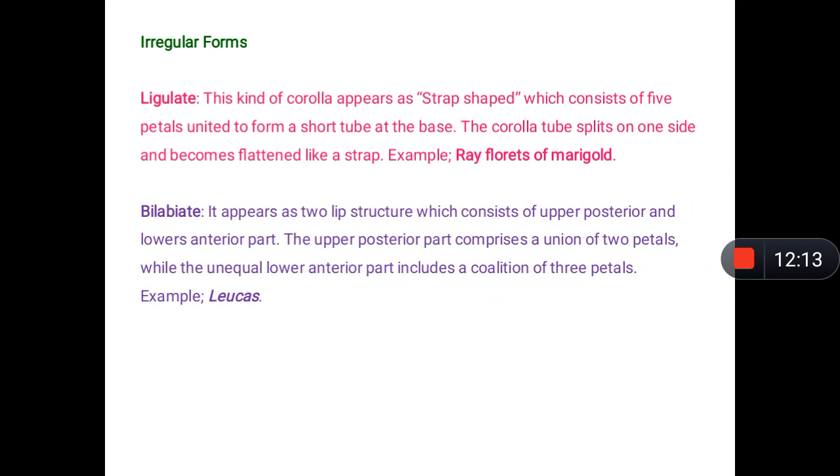Then bilabiate. It appears as a two-lipped structure which consists of an upper posterior and a lower anterior part. The upper posterior part comprises a union of 2 petals, with the lower anterior part a union of 3 petals. The example is Leucas, or the family we are going to study this year, that is Labiatae.